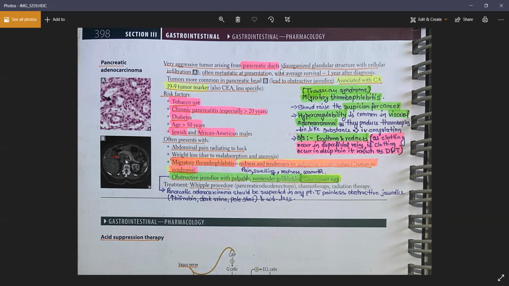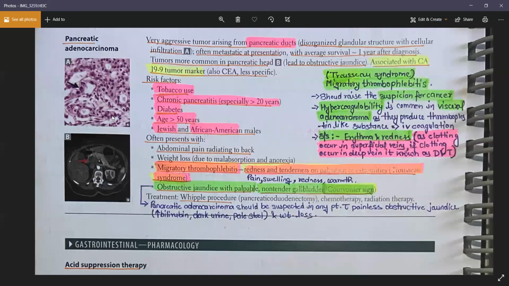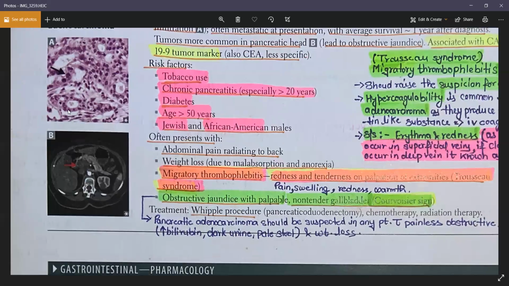What you will see is disorganized glandular structures on histology. As you can see here, these are the disorganized glandular structures, and look for the N/C ratio. You have a very high nucleus to cytoplasm ratio, and the nucleus size is very much increased.